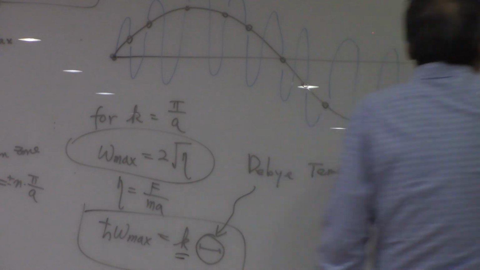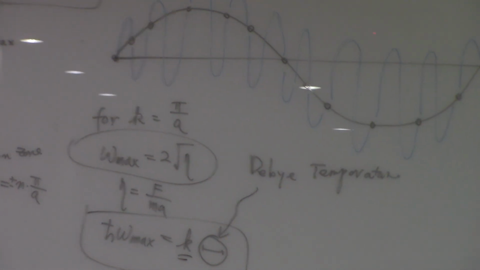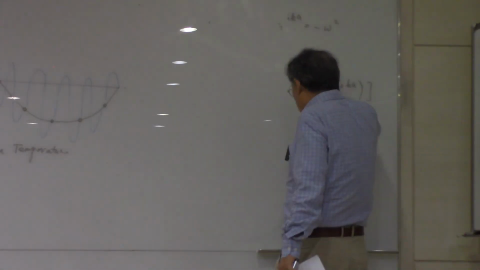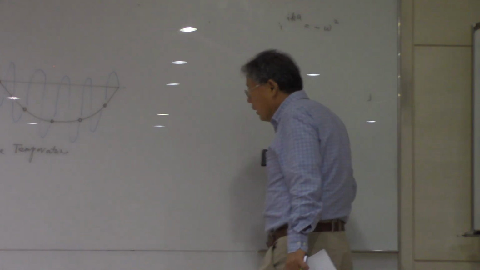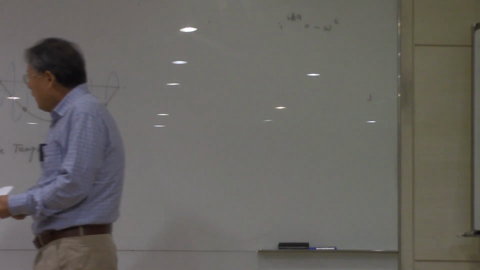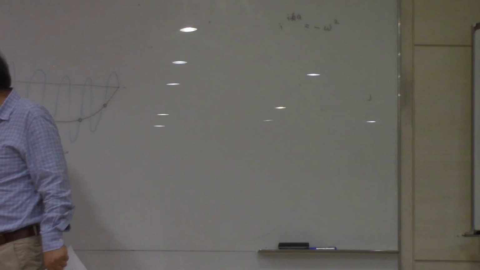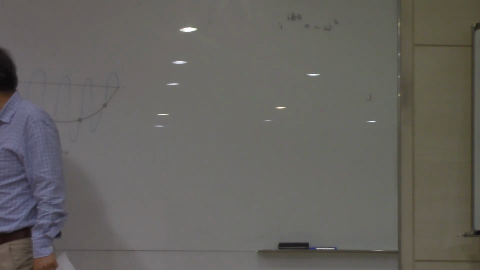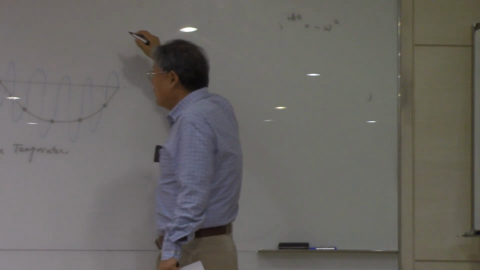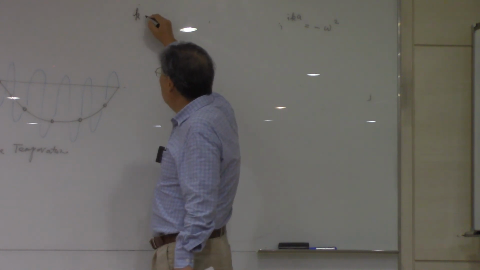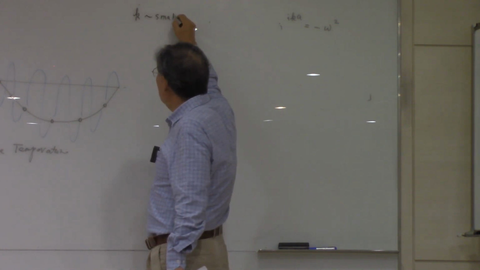So if you draw that, then the Debye temperature is related to the maximum values or Brillouin zone values of the k. Let's just think about the k when it is very small.